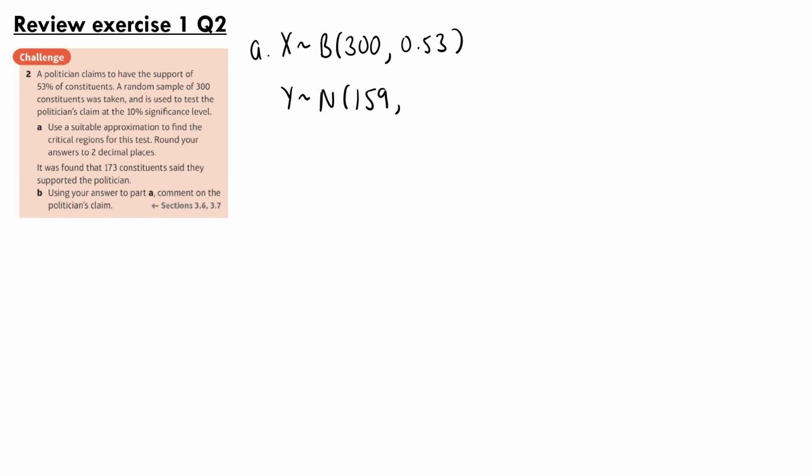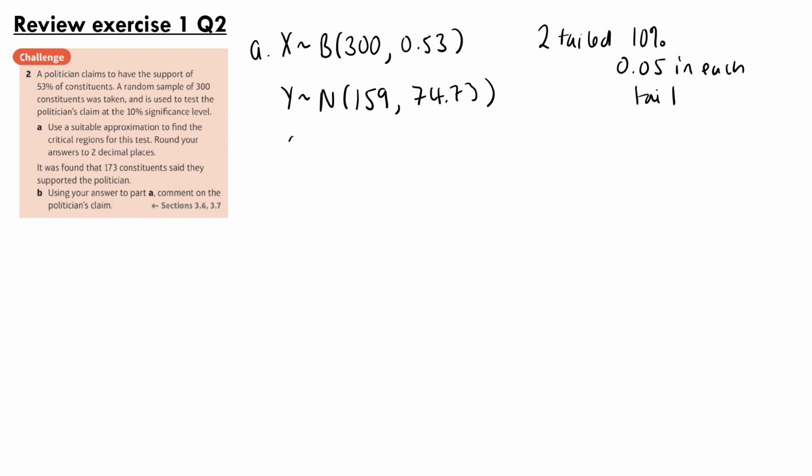And the variance is np(1 minus p), so it's going to be 159 times 0.47, which gives us 74.73 as the variance. Then, because we're just testing if the politician's claim is correct or not, it's going to be a two-tailed test. A two-tailed test at a 10% significance level means we have 0.05 in each tail.